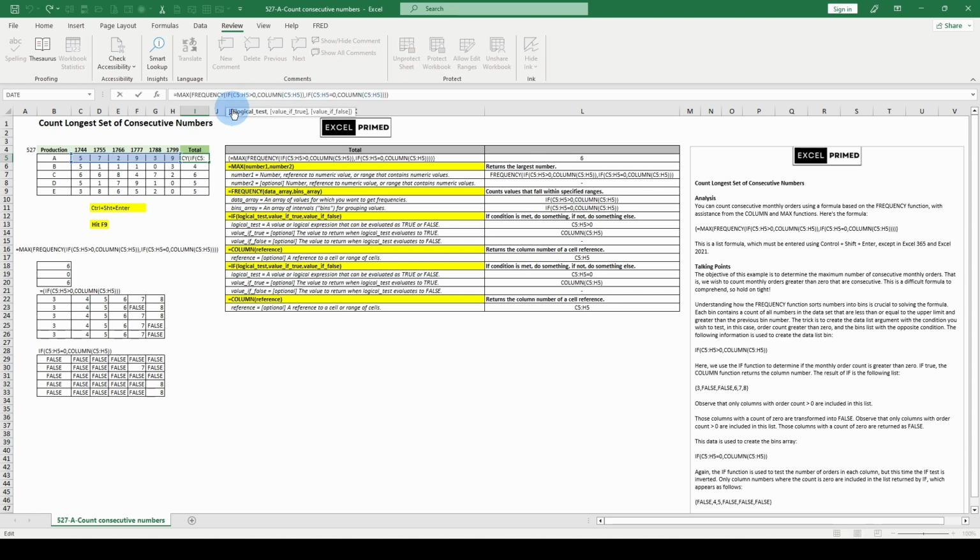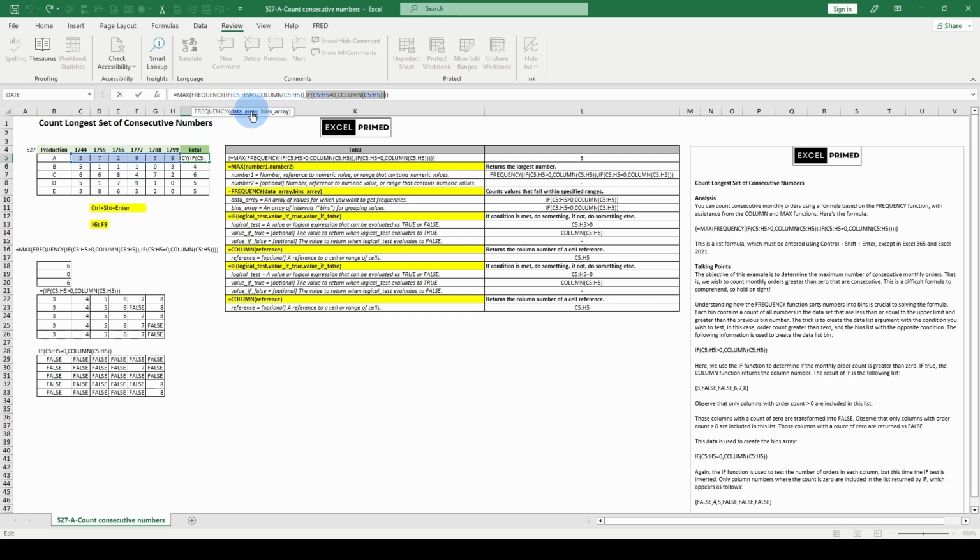Well, look at frequency. We have a data array, and then we have a bins array. That's really what we're setting up here. Let's look at this bins array. We have if C5, if this list here is equal to 0, then put the column number in there.